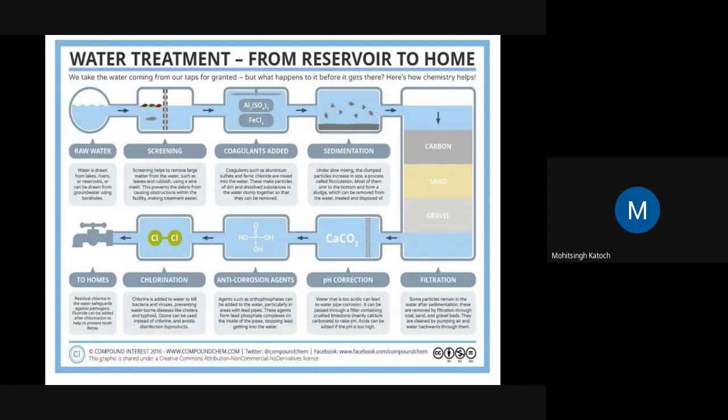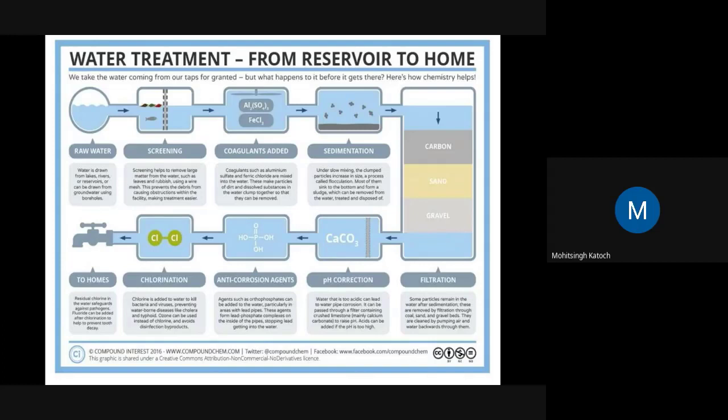After this chlorination, residual chlorine in the water safeguards against pathogens. Fluorides can be added after chlorination to help prevent tooth decay. So after chlorination, we send the water to the houses of the consumers. But if there is some leakage or damage in the distribution pipeline, some contaminants can enter the water pipeline and the treated water will again get contaminated.